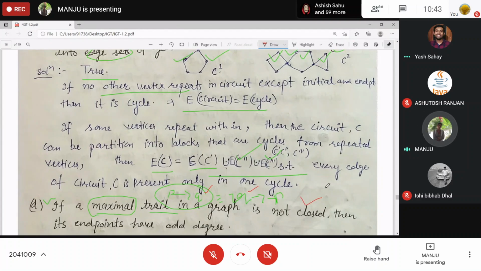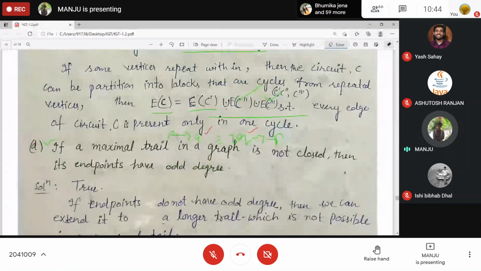Then it will not be maximal, right? Or it will be forming a closed trail, a circuit, right? So either it will not be maximal, or it will be a closed circuit. Yes, ma'am. That's why it is true.